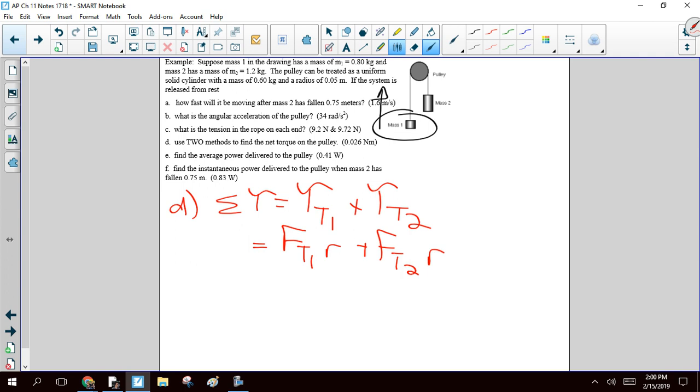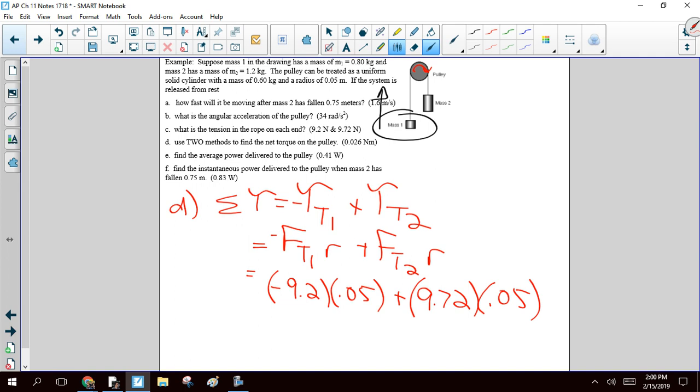So let's make the thing rotate this way, right? So the torque from tension 1 should be our -1, I guess. So you're going to get negative 9.2 times 0.05 plus 9.72 times 0.05 meters, newtons.